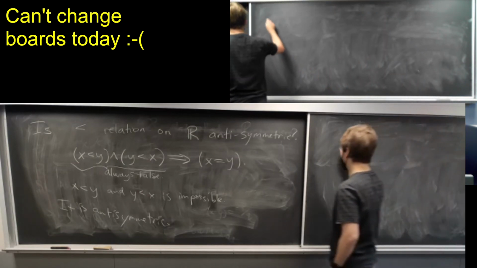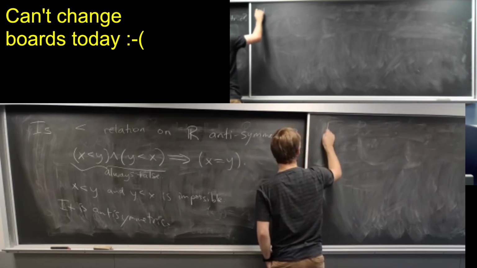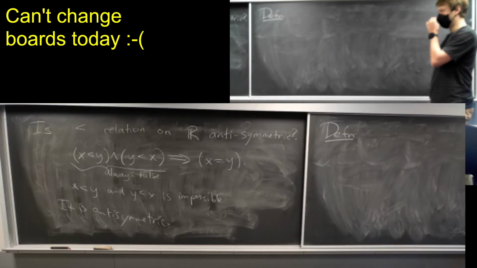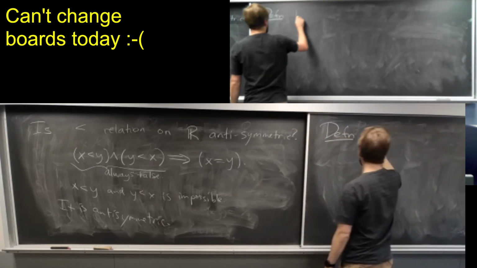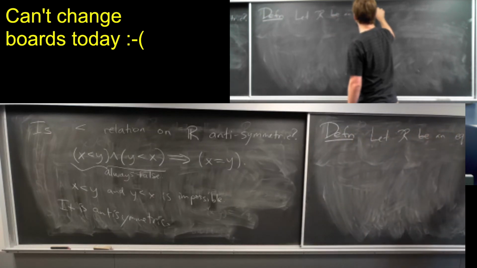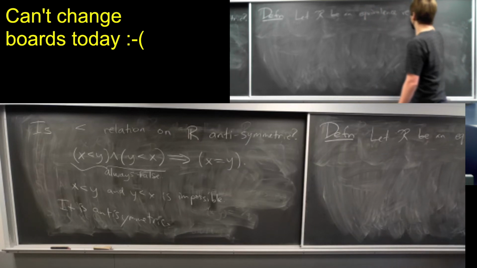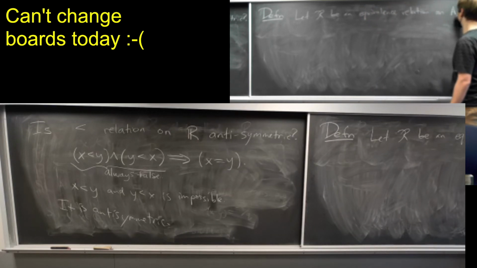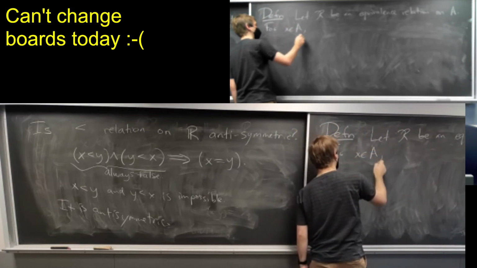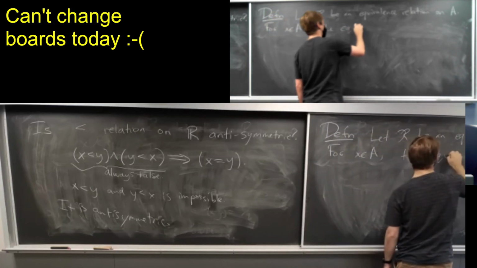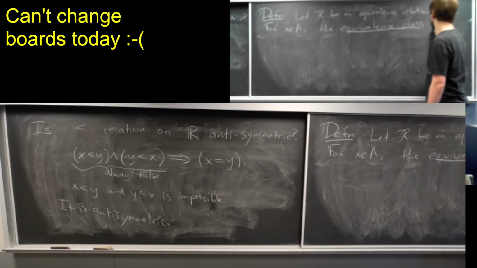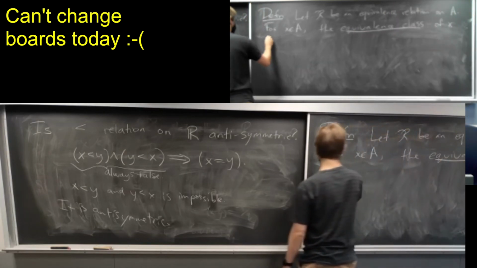So let me give you another definition. This is kind of nothing to do with equivalence relations, but I thought I would mention it anyway. Let R be an equivalence relation on a set A. For x in A, the equivalence class of x is the set.